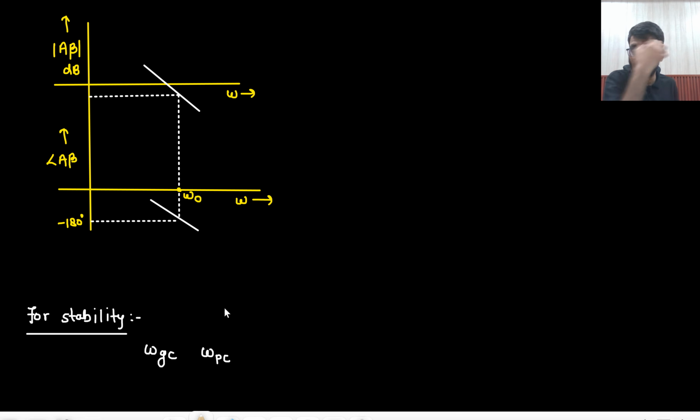Let's see this condition. Sir, angle A beta is equal to minus 180 degree I need, because from negative feedback I am already getting 180 degree. That means at this frequency I need to check what is my loop gain, and at this frequency I am seeing that my loop gain is lesser than 1. This was my omega gc, and this was my omega pc.